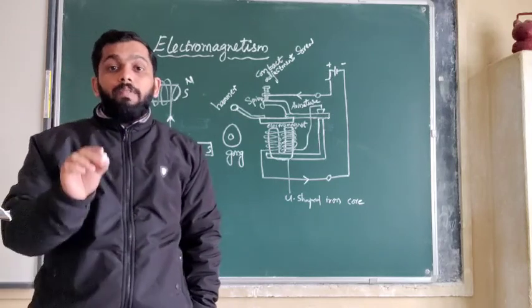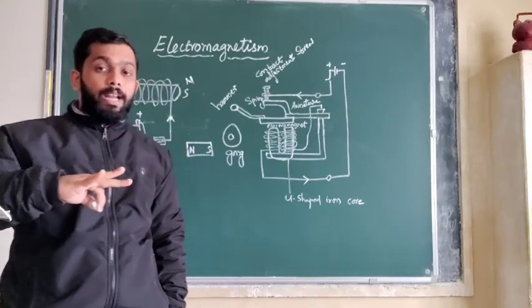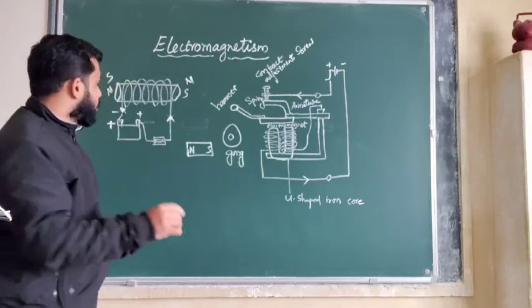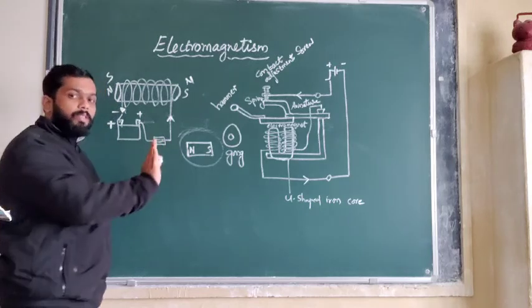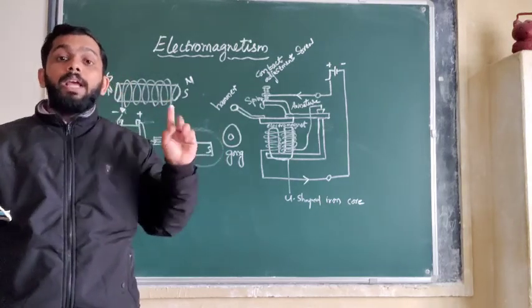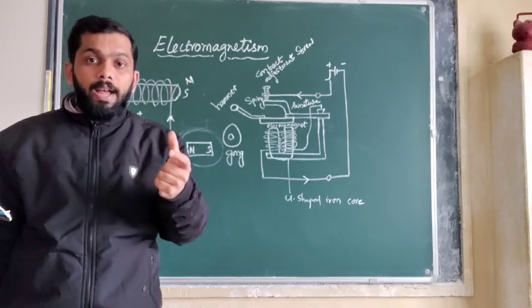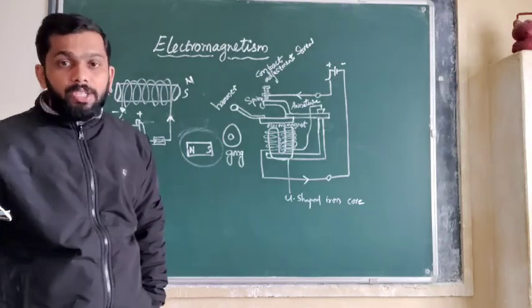Third point, we are able to increase or decrease the strength of the magnet. If it is a permanent magnet, there is a certain region where the strength of the magnet can be felt. But with an electromagnet, you can increase or decrease the strength of the magnetism. There are two ways.